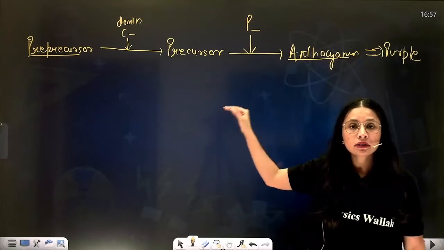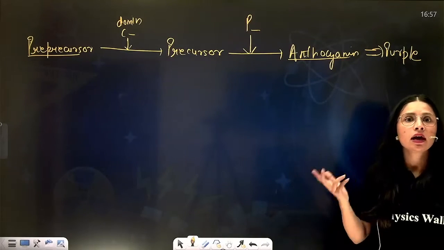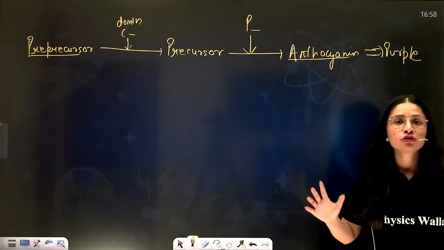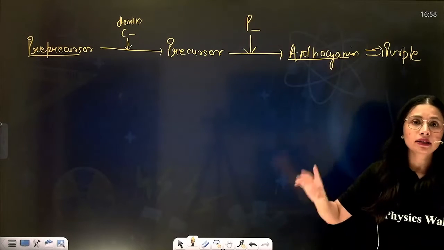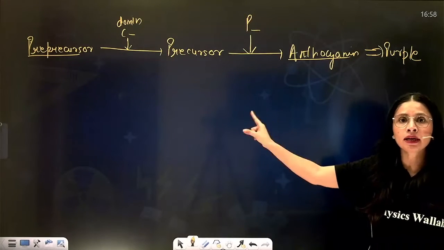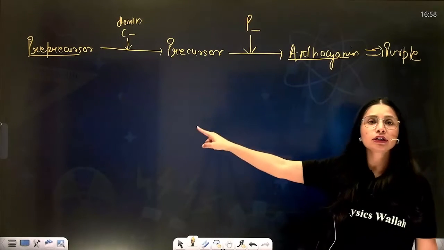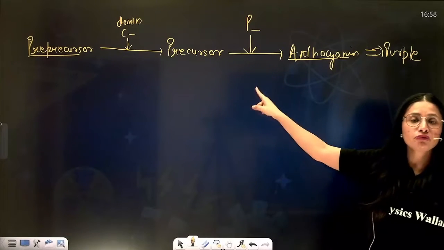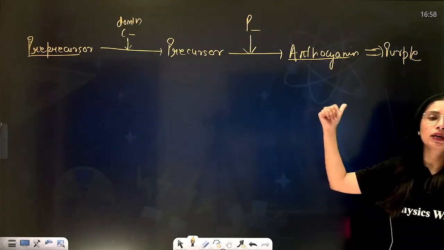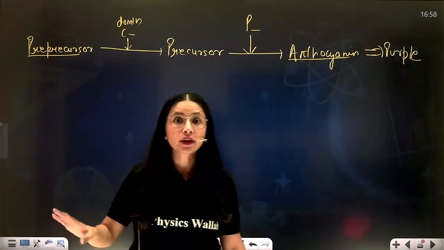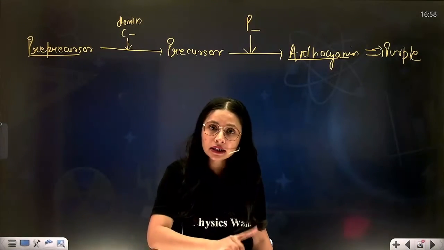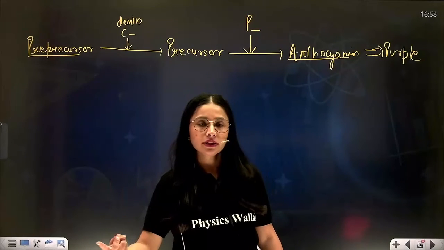But who will convert the precursor into anthocyanin? Again, no anthocyanin, so the color will remain white. But when both genes are present in dominant state, the pre-precursor will first convert into precursor, and with the help of the dominant P gene, the precursor will convert into purple color, anthocyanin. So here you see one flower color controlled by two genes.